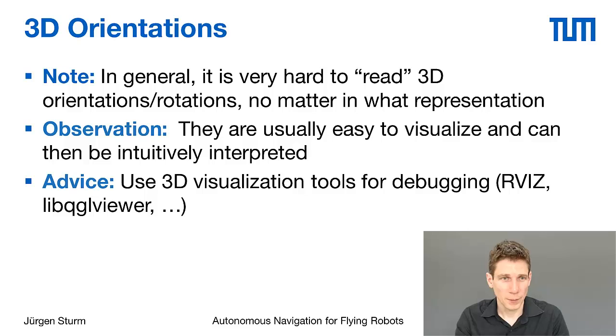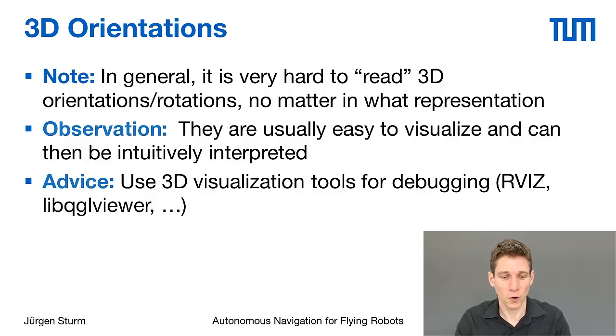And maybe one thing in general that is good to know: even for experts in 3D rotation or 3D geometry, it's really hard to parse or read a 3D rotation, no matter in what representation. If I see Euler angles, I typically do not know what rotation they correspond to, except maybe if it's close to the origin.